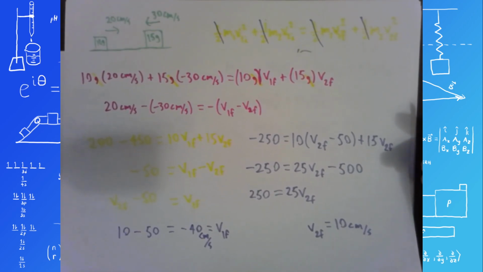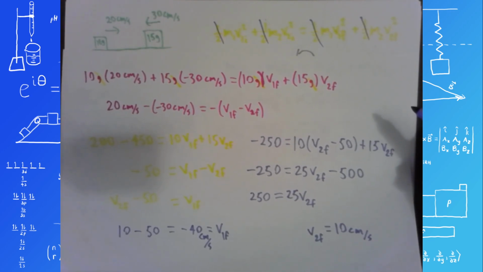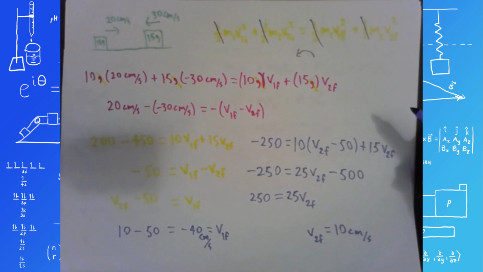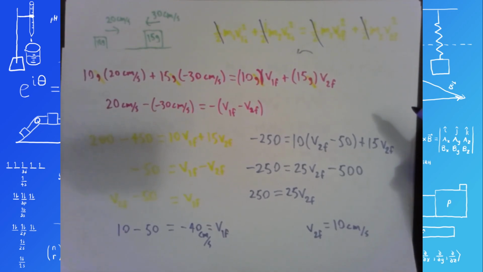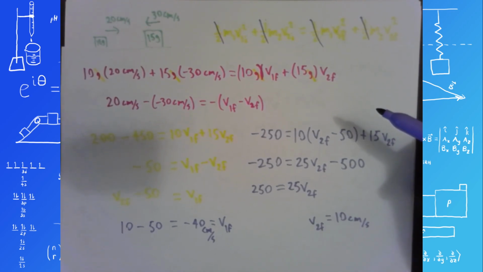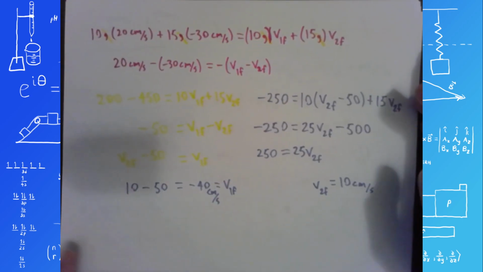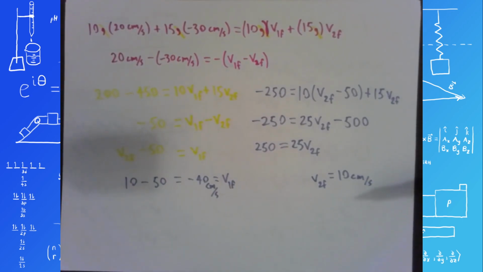I'm not surprised by that, especially given that it's lighter and that it collided with something that was not only heavier but also faster. There's more momentum overall to the left than to the right, and if the second block is going to be moving to the right, then the first block better be moving to the left and fairly quickly so that the total momentum is still to the left. So that still makes sense to me.